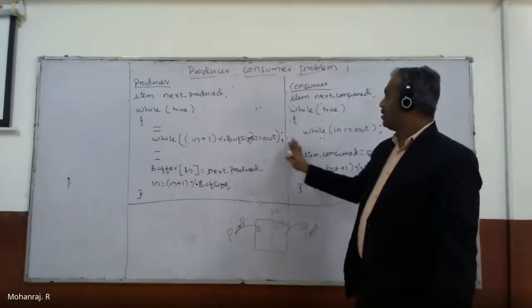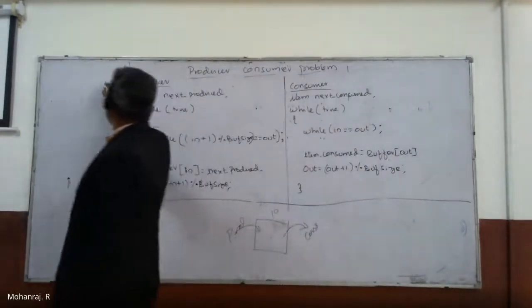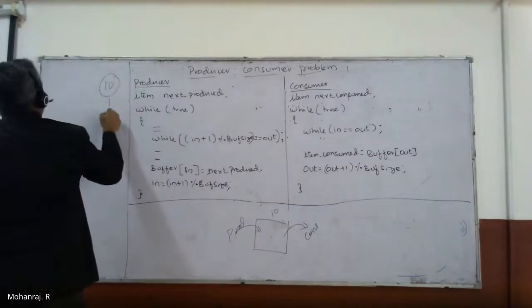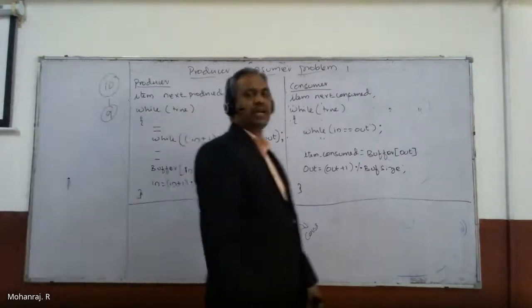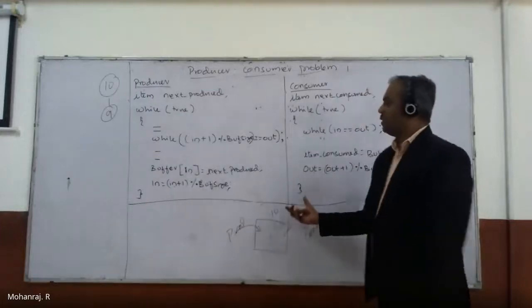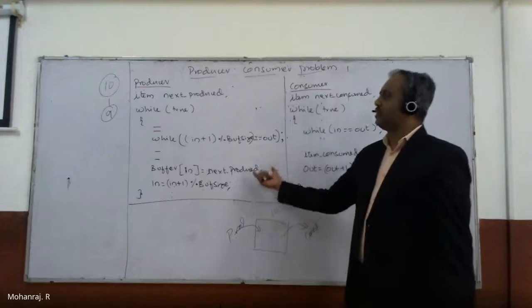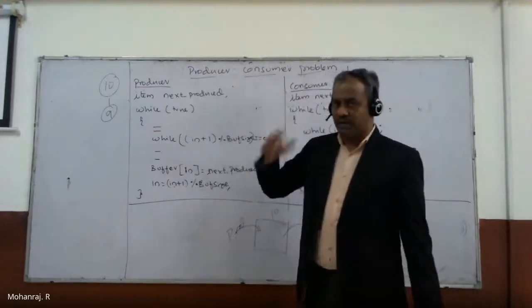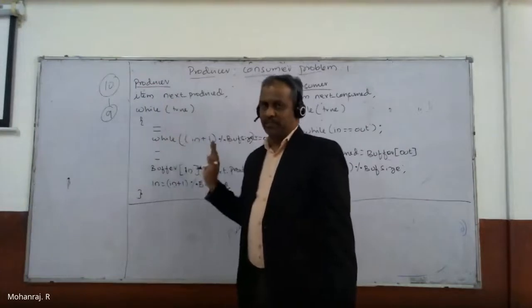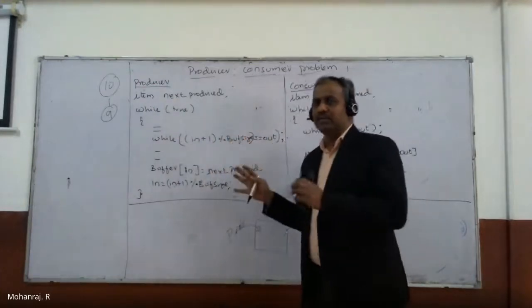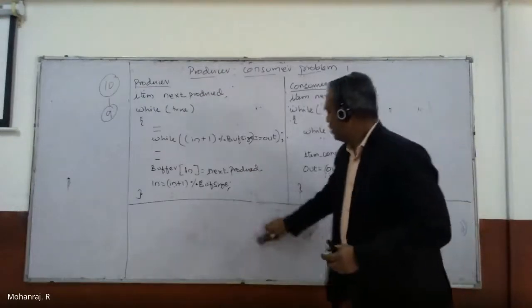But this code is written such that if the buffer size is 10, the maximum utilization is 9, that is buffer size minus 1. They cannot utilize exactly the entire buffer size. The producer can produce only 9 items maximum. They cannot utilize it completely, right?